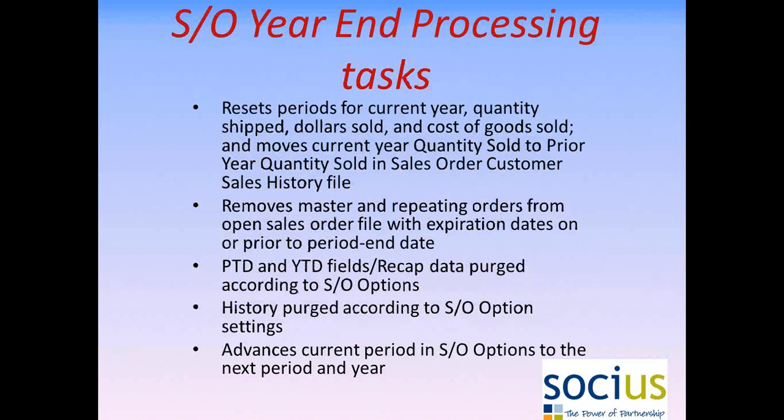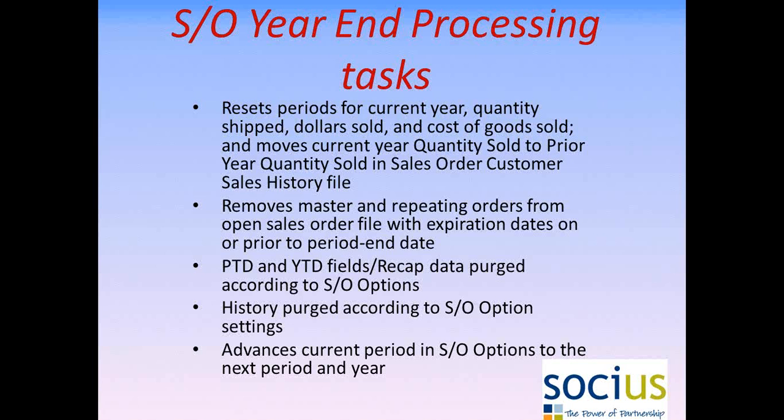During the sales year-end processing, the tasks that are completed are that it, of course, resets the periods for the current year quantity shipped, dollars sold, and cost of goods, and moves current year quantities into the sales order customer sales history file. It also removes any master and repeating orders from the open sales order file with expiration dates on or prior to the period end date.